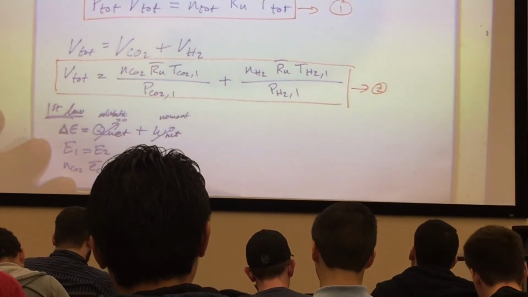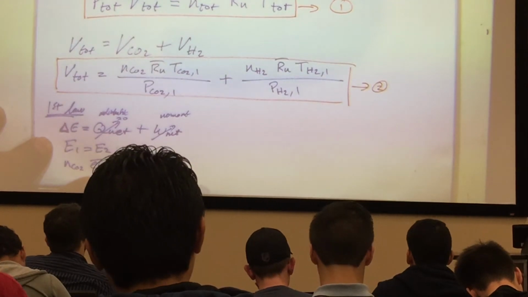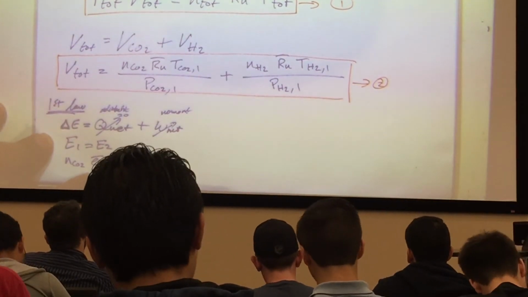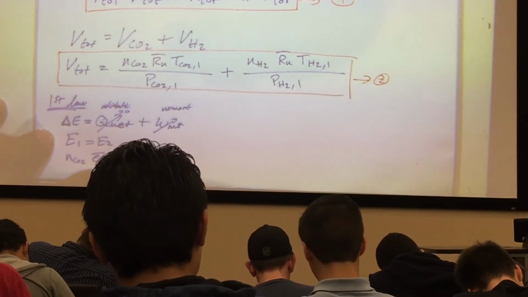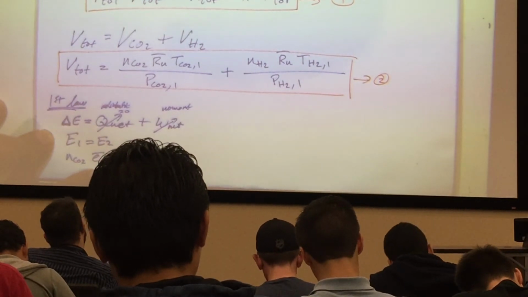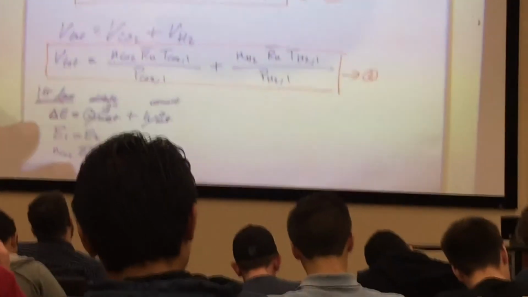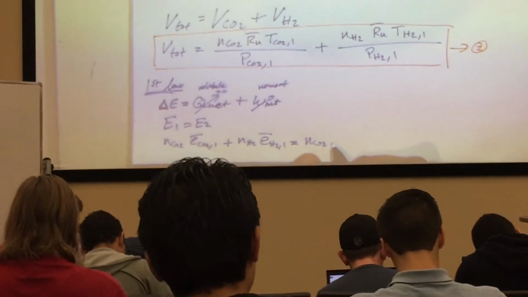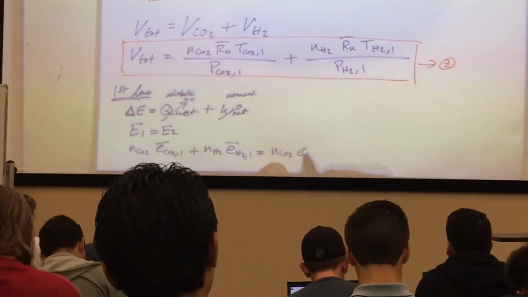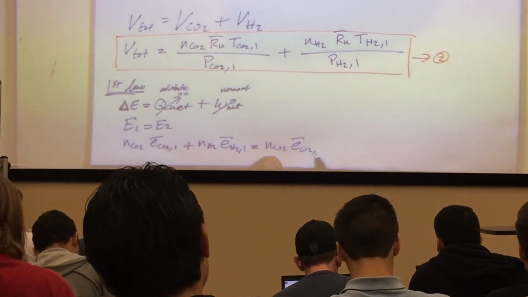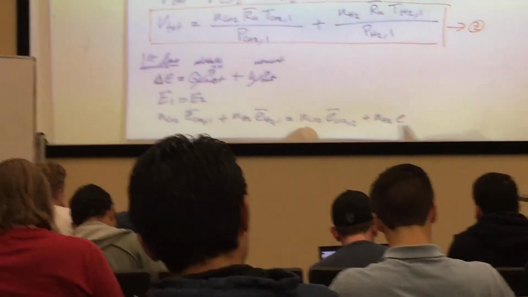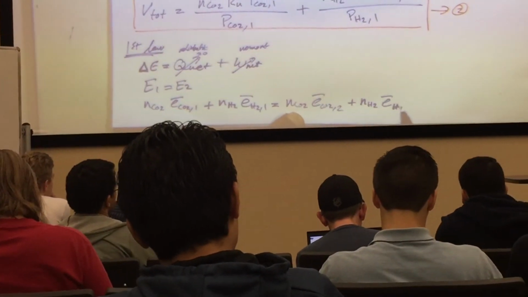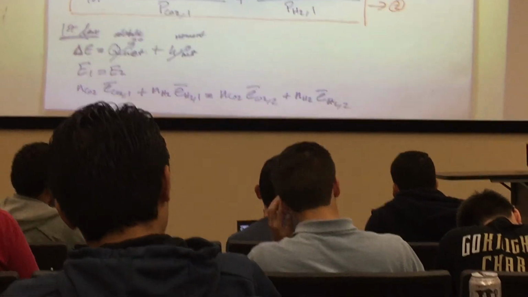Because I use the number of moles, plus the hydrogen multiplied by the internal energy of hydrogen at stage 1 is going to equal my final N CO2 and the energy of CO2 at stage 2 plus N of hydrogen multiplied by E of hydrogen at stage 2.